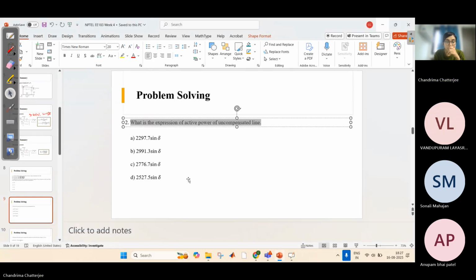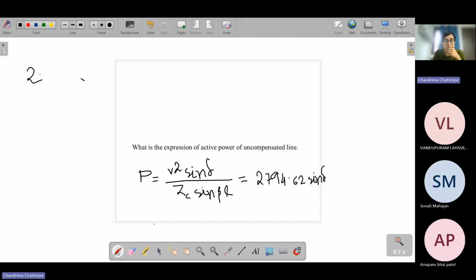But I think I found out 2776. Just go through your calculation once more. So V was given 735, so this is 735 square. And what was your Zc value, the characteristic impedance? 235.9, ma'am.